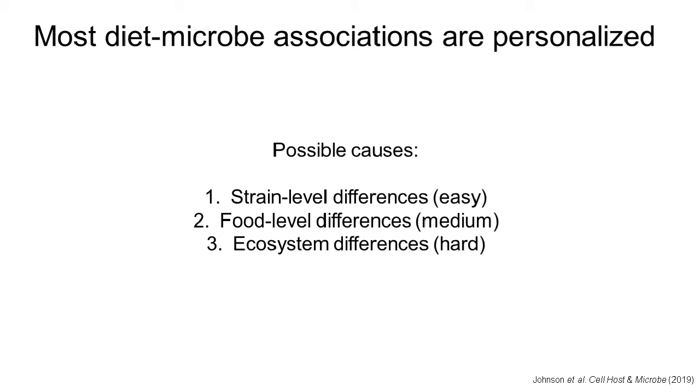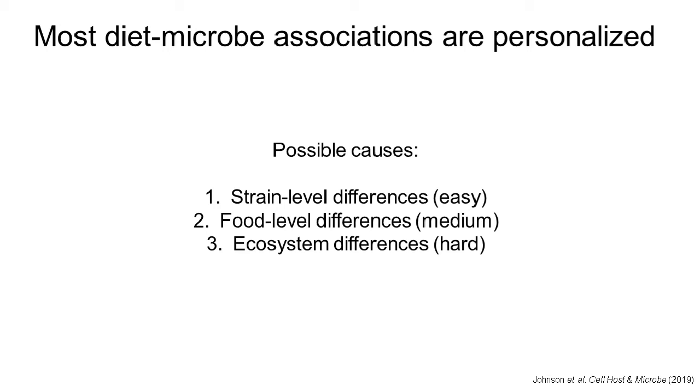Another possibility is that it's food level differences. So my spinach is not the same as your spinach because it's a different strain of spinach, or mine was steamed and yours was baked or something like that. Or maybe one of them had different types of soil microbes on it.